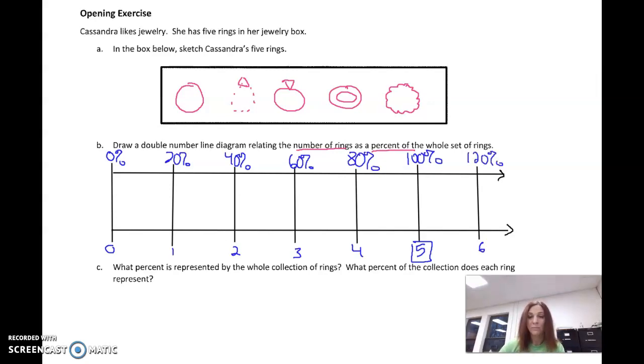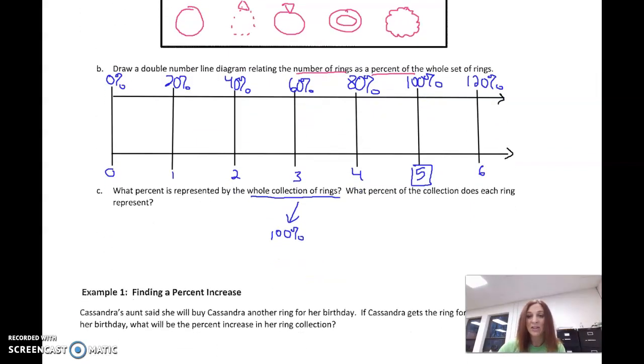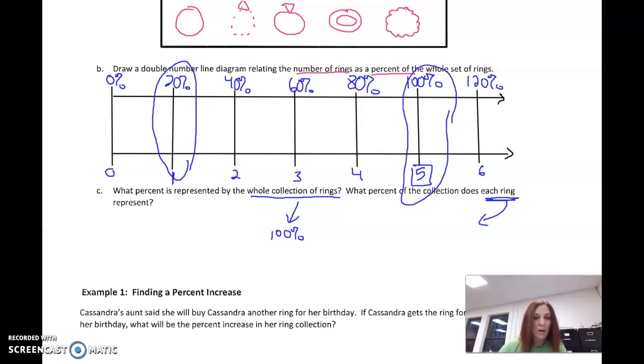Okay? So what percent is represented by the whole collection of rings? Well, that's 100%. What percent of the collection does each ring represent? Well, there's 100% representing 5, so every one represents 20%.